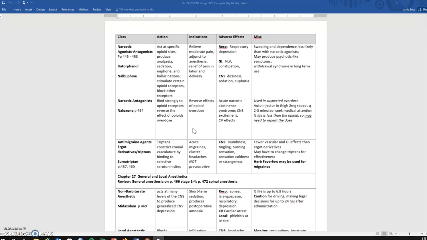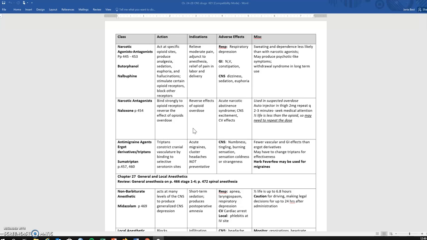For all narcotics, there is one antidote, and the antagonist or antidote for a narcotic is naloxone. It strongly binds to the opioid receptors to reverse opioid overdose effects, typically that respiratory depression.